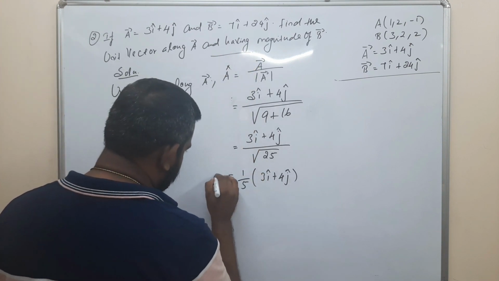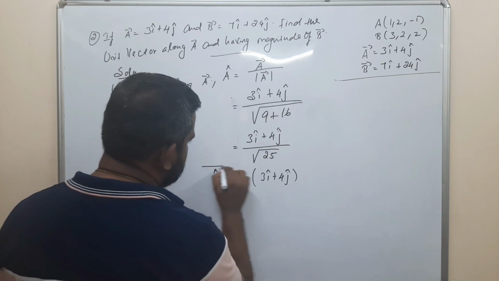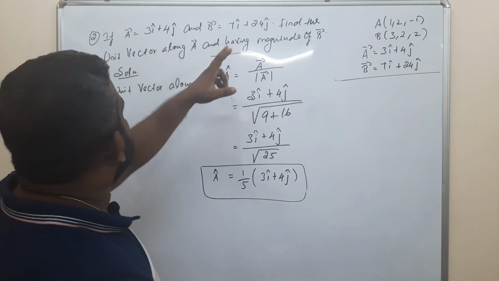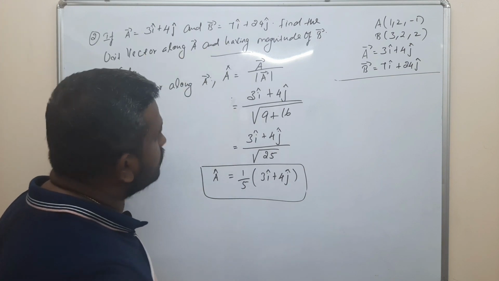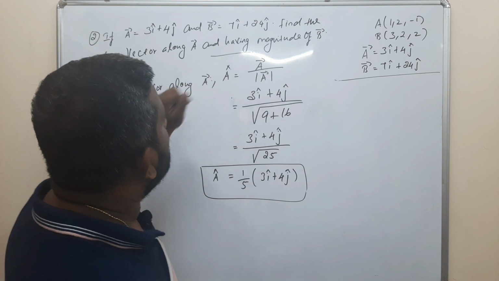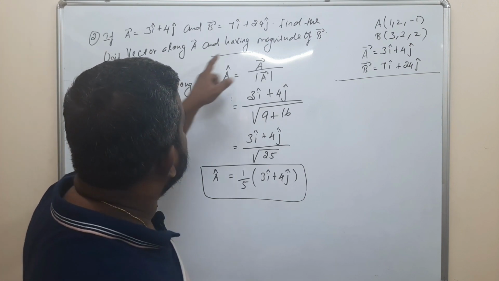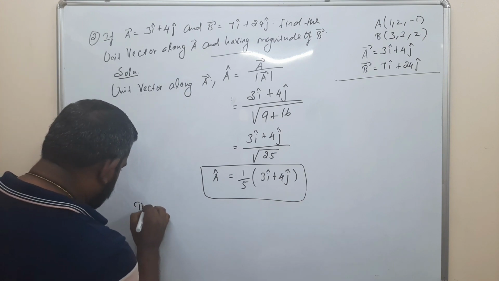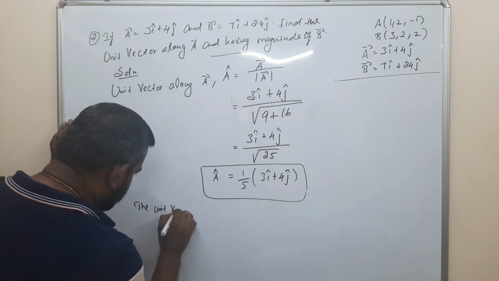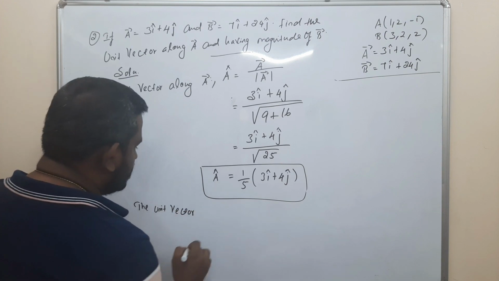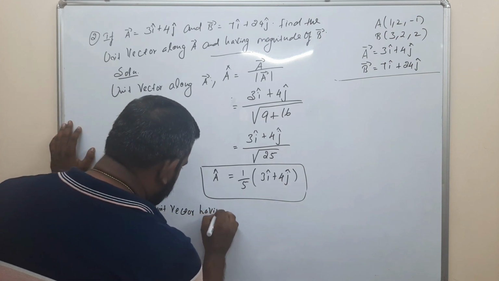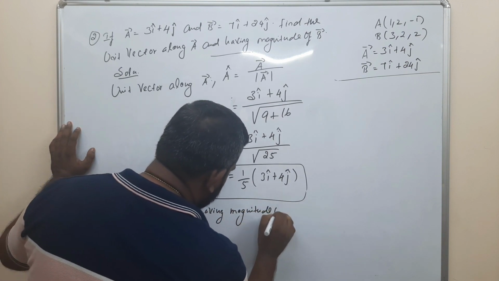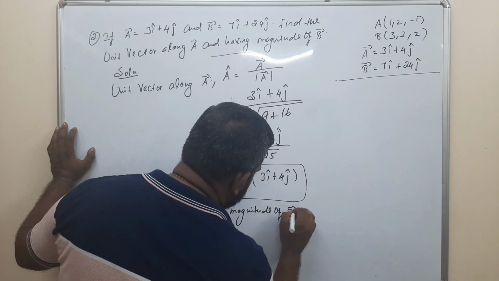Okay, so this is the unit vector along A vector. So we have to find the unit vector along A vector having magnitude of B vector. So next we have to write the unit vector having magnitude of B vector.